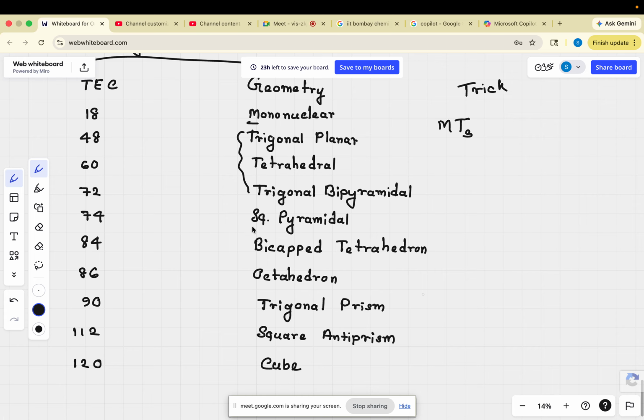Then check what is next. Square pyramidal, so write down S. Then you have bicapped, so it will be B. Then you have octahedral, so it will be O. Trigonal prism, so it will be T. Square antiprism, it will be S. And cube, it will be C.